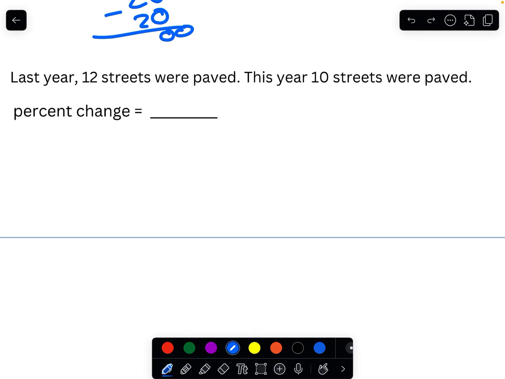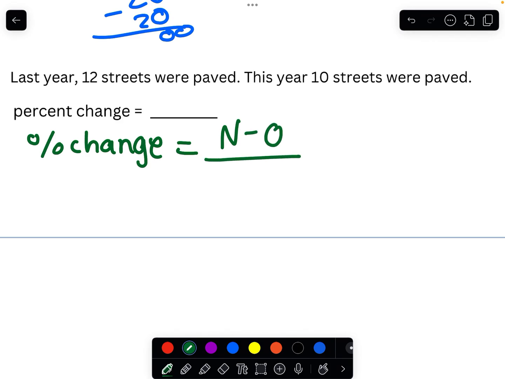Let's plug in the formula. Let's do green. So we've got percent change equals new value minus the original value over the original value. Let me make sure I put the right value in the denominator. Yes, I did. The new value is this year, 10 streets were paved.